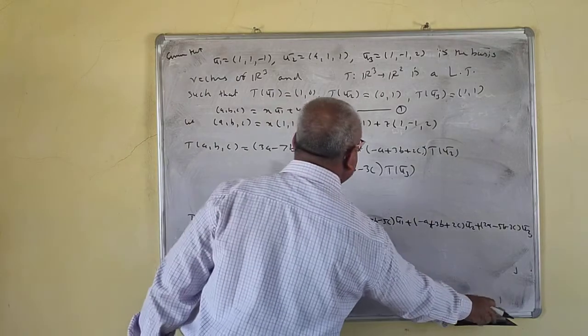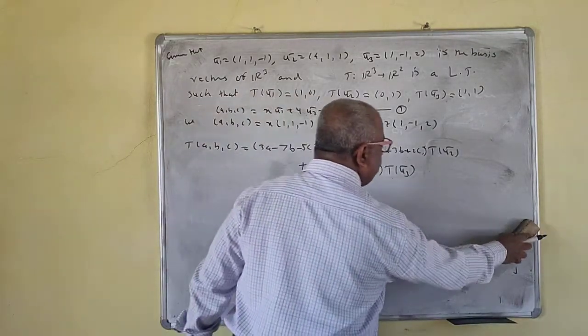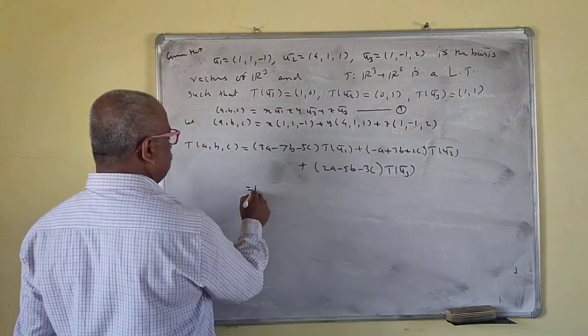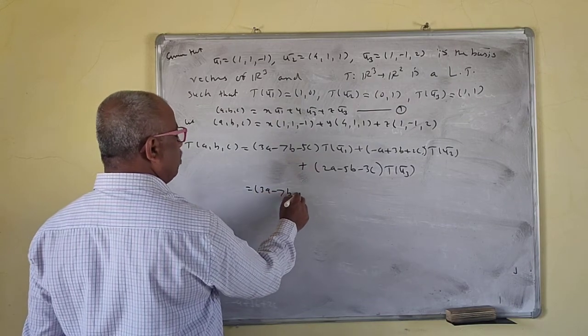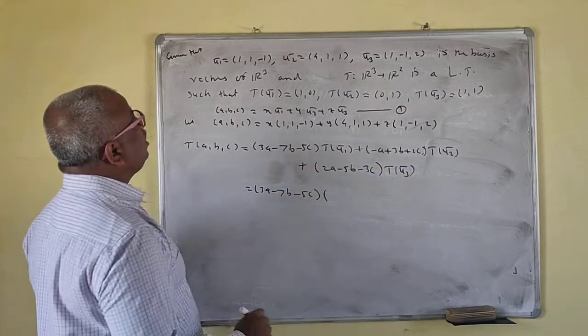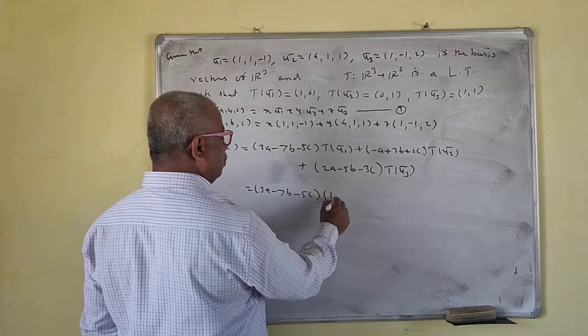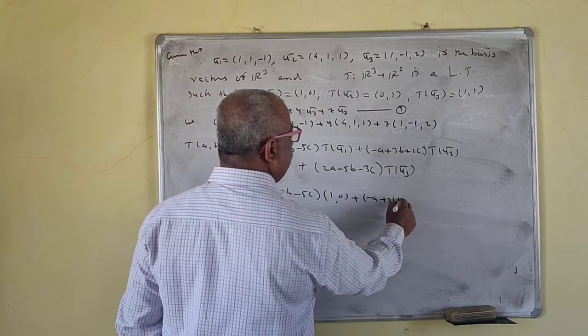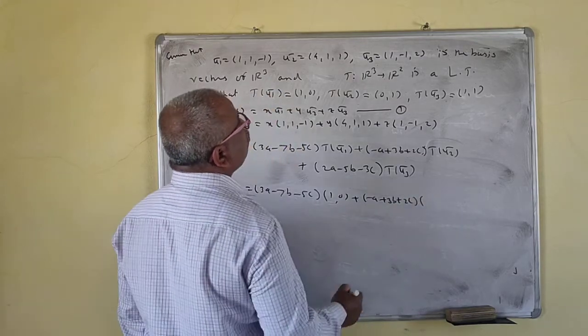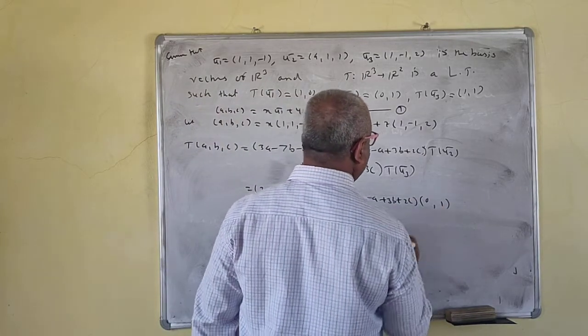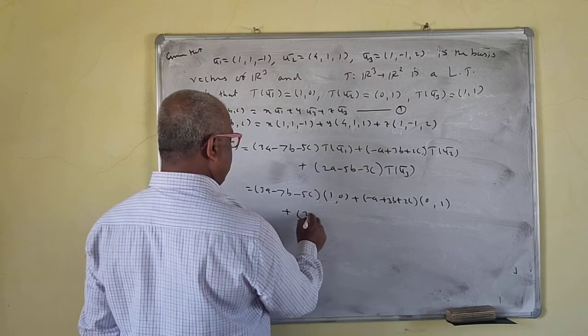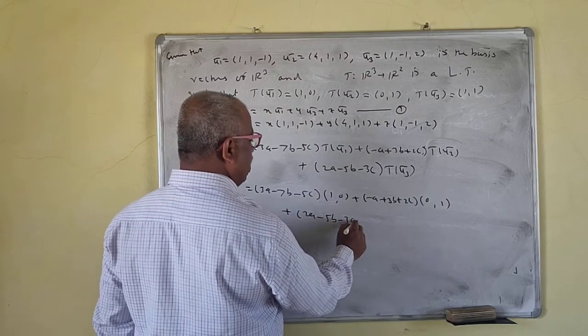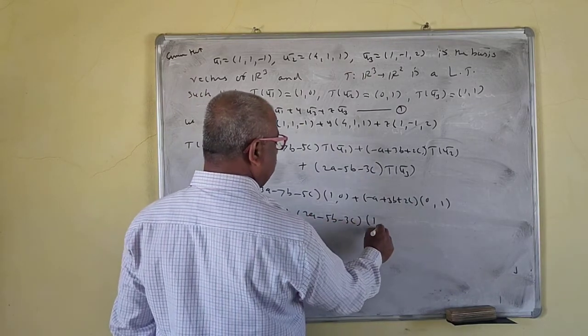Now we'll put the values of T of u1 bar, T of u2 bar and T of u3 bar, which are given to you. T of u1 bar is (1, 0), T of u2 bar is (0, 1), and T of u3 bar is (1, 1).